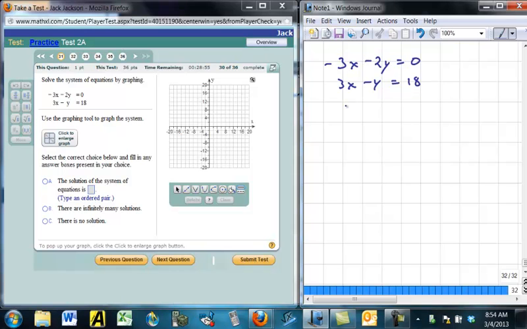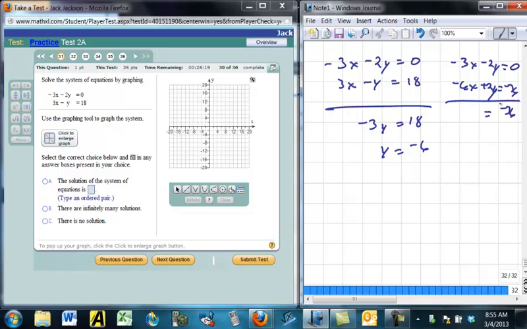Okay, I'm going to just do it by elimination real fast, because it looks like I can eliminate the x's and get negative 3y equals 18. So here I'm getting y equals negative 6, and maybe I can leave equation 1 alone and multiply this equation by negative 2 and get negative 6x plus 2y equals, multiply by negative 2, so negative 36, and the y's when we add together will cancel, and we get x equals 4.